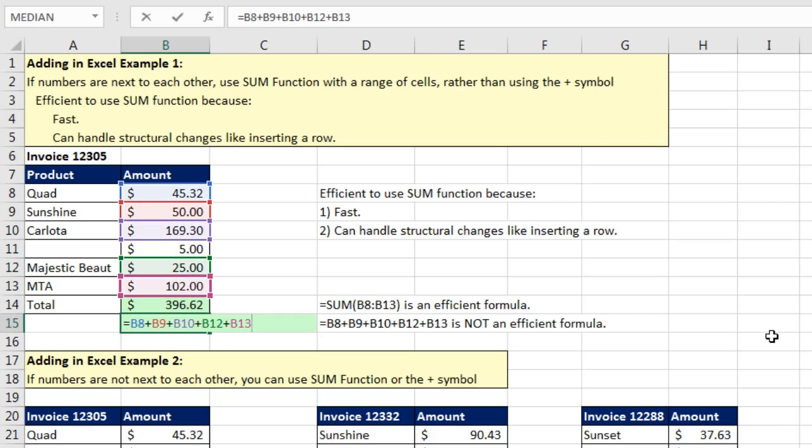Now, here's a funny story. My first day working in an accounting job at Broderick Consulting in Berkeley, California, I think it was the year 2000 or 2001, Mary Broderick handed me the spreadsheet that the previous accountant had created. And all the totals were created like this rather than using the sum function.